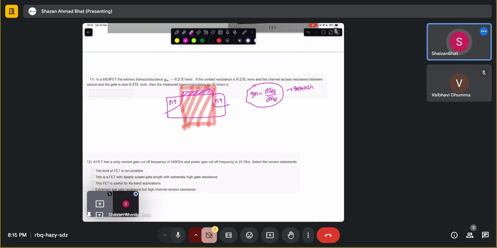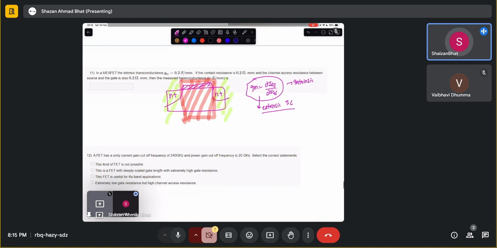When you bring these particular things into picture, then you have to consider something called the extrinsic transconductance. This is just like an ideal scenario, that only the drain current variation with respect to the gate voltage is the intrinsic transconductance.